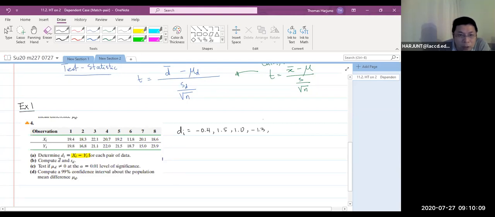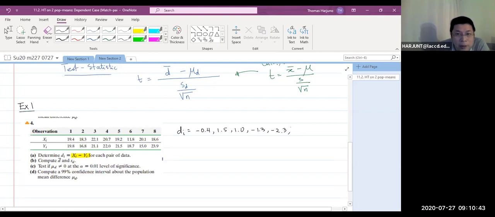The fifth one is negative 1.7? No, it's not 1.7. That's 2.3, negative 2.3. I do it visually, that's why I may make mistakes.